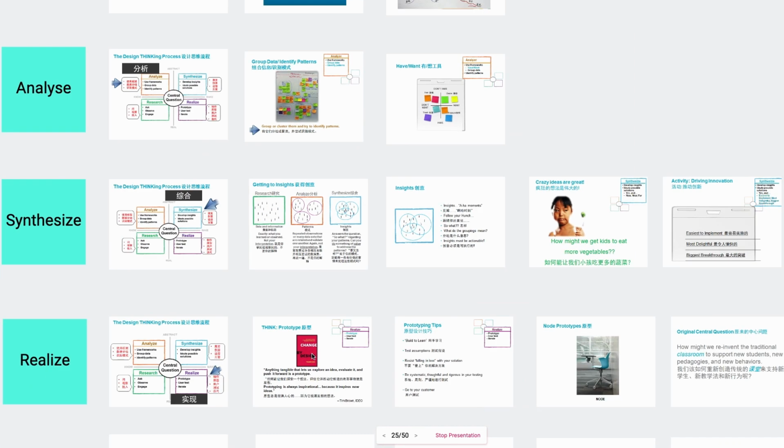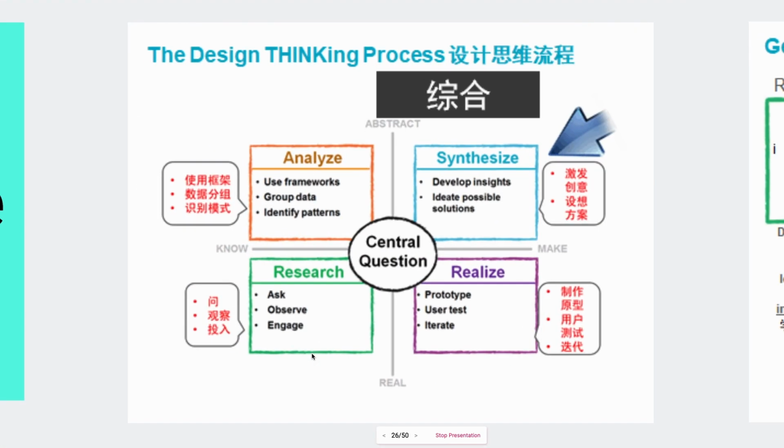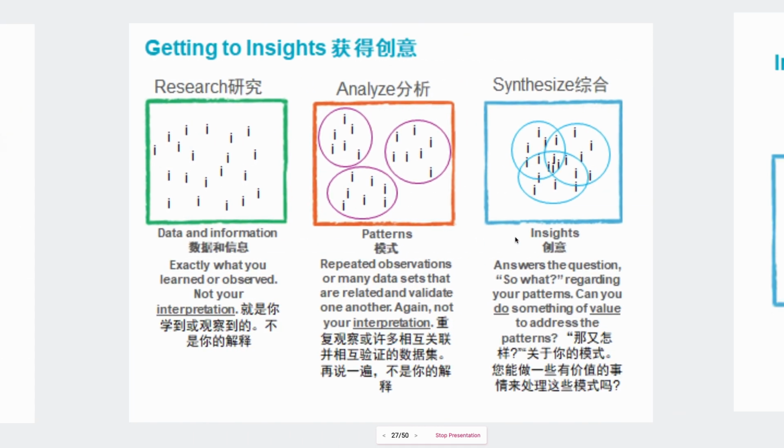In the synthesize part, we develop our insights and also ideate possible solutions. Okay, here you can see getting to new insights. Here we can share the research part. We get the data and the information, and in the analyze part we get the patterns, and in the synthesize part we get the insights.